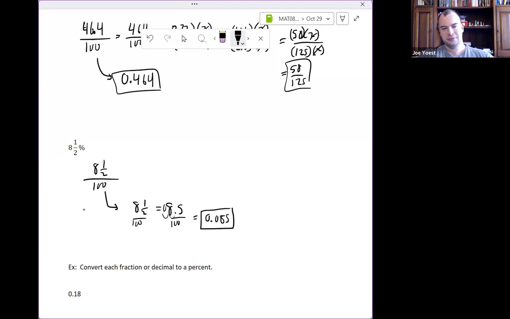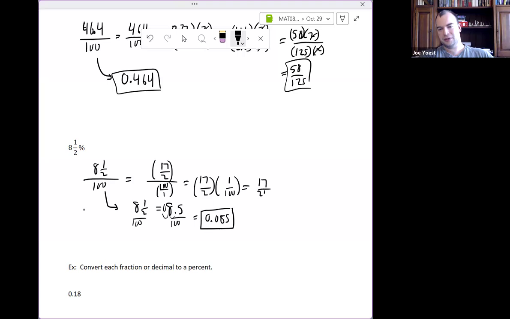Or I could go the fraction route. 8.5, well, 2 times 8 is 16 plus 1 is 17. So 8.5 is 17 halves. Divided by 100, or that's really divided by 100 over 1. I have fraction divided by fraction. I invert and multiply, or multiply by the reciprocal, whatever way you would like to say it. 17 halves times the 100 over 1 flips and gives me 1 over 100.